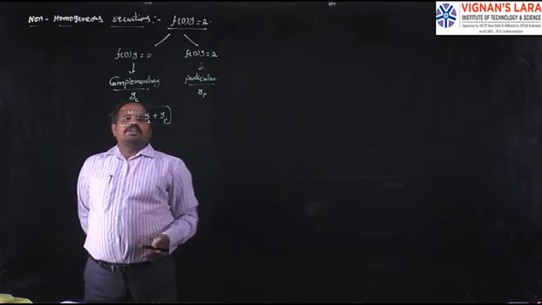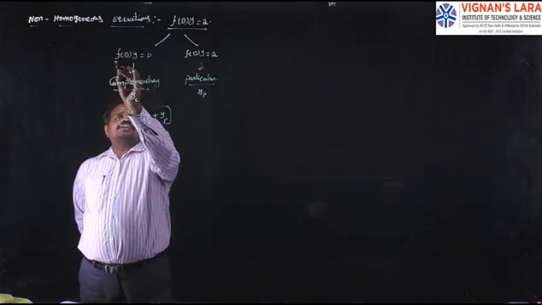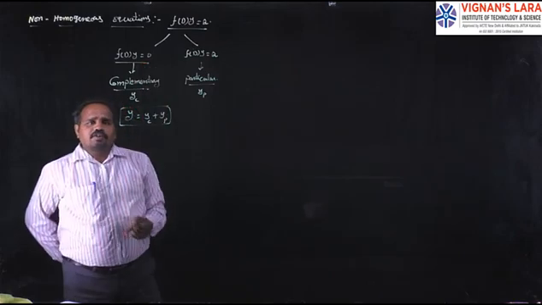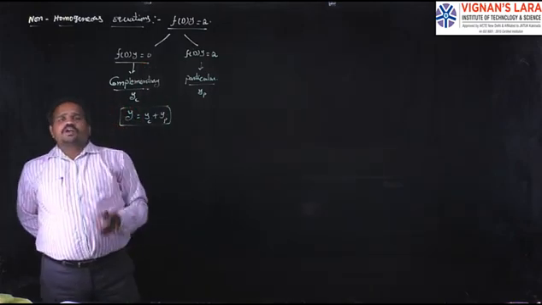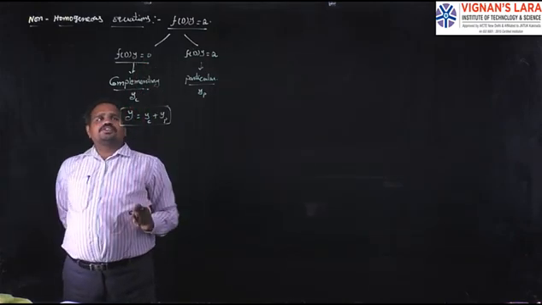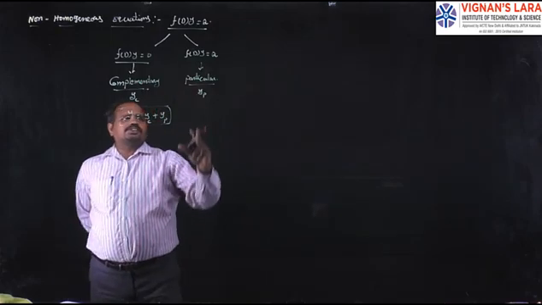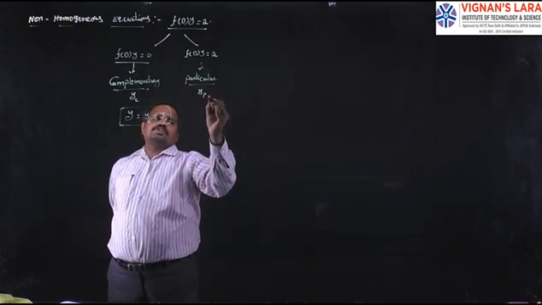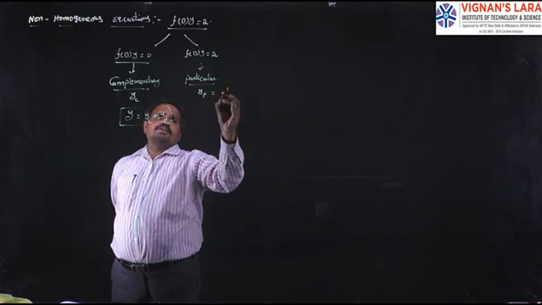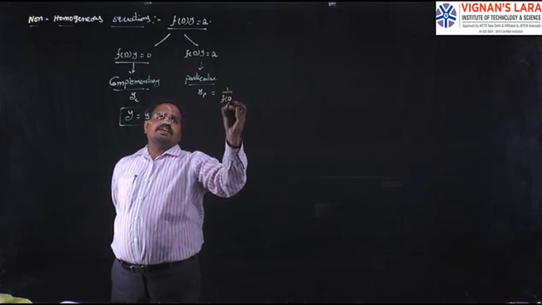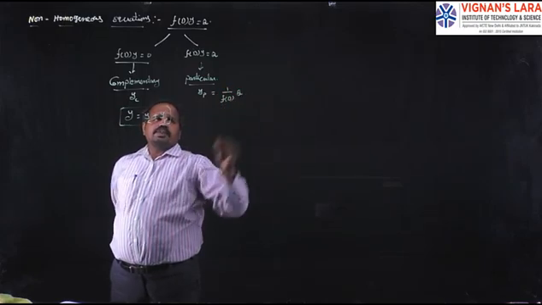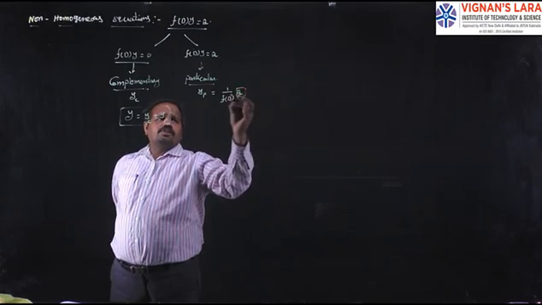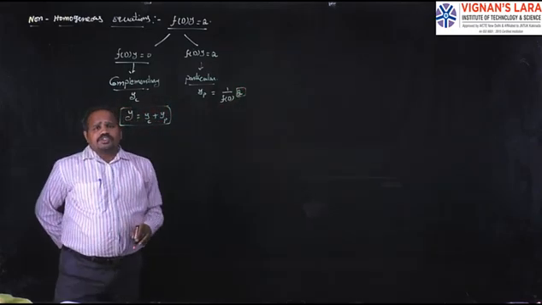Yp is called the particular solution. Yc corresponds to the equation f of D into y is equal to 0. Already we know how to solve this equation. For the particular integral, the particular solution formula is 1 by f of D into Q. Based on this Q, we will evaluate the solution of the equation.